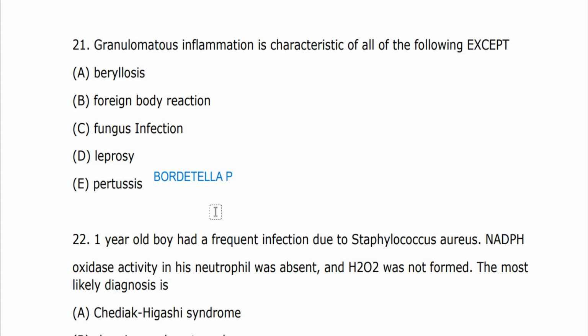So you expect more of an acute inflammatory reaction and not a granulomatous reaction. So that will be our answer, pertussis.